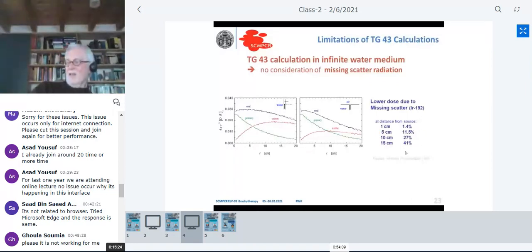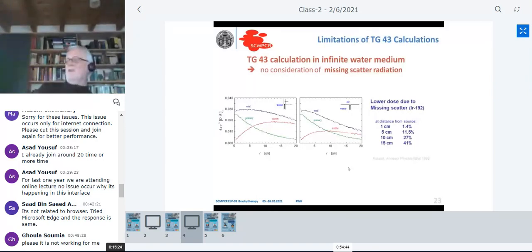Now your source is at the surface of the water or of the patient, and you go to 1 centimeter distance from the source, and there you find that the difference is not so very big. It's something like 1.4 percent. At 5 centimeters, it's 11%. And if you go 15 centimeters away from the source, you'll be somewhere down here, and the difference is 41%. So this can make a very large difference.